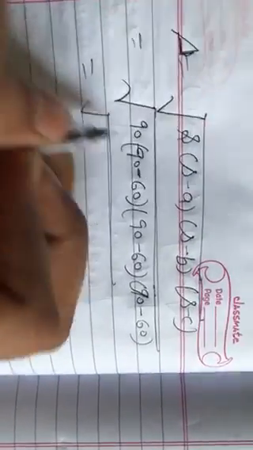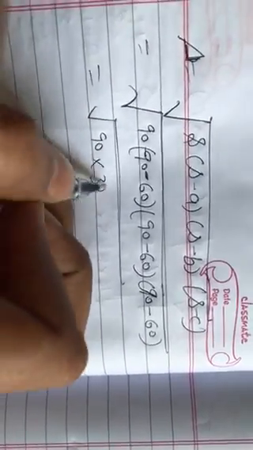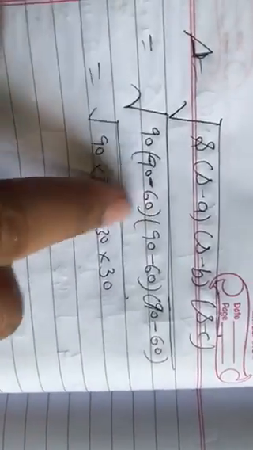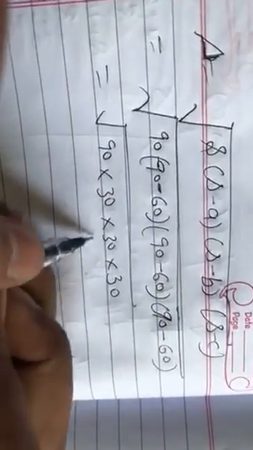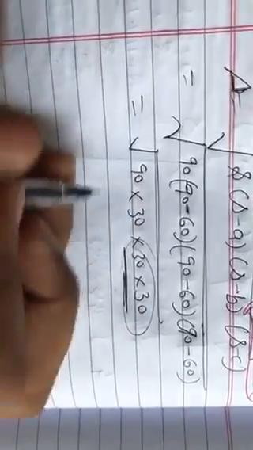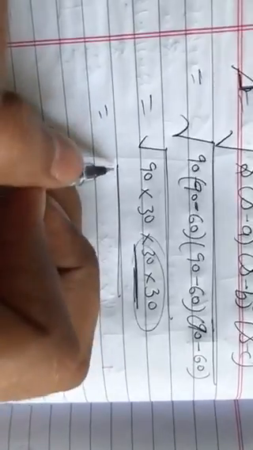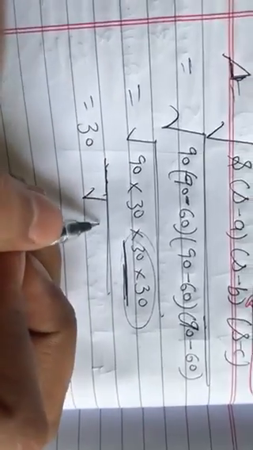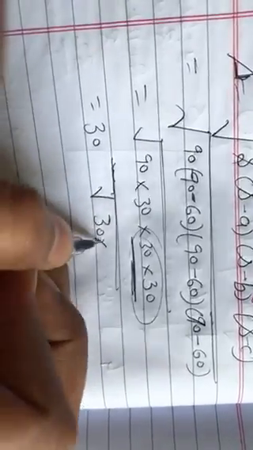90 minus again 60. 90 into 30, 30 and 30. 90 minus 60 is 30, 30 and 30. This is a complete pair of 30. That means you can take 30 outside of this square root, and you can also write this 90 as the product 30 into 3, right?